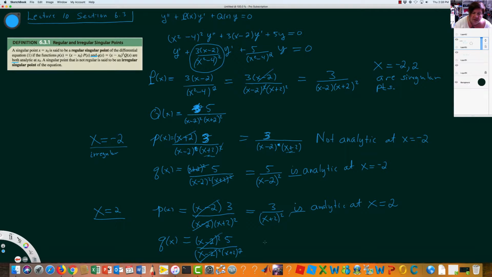These cancel here, and we're looking good, right? 5 over x plus 2 squared, and notice if I put positive 2 in here, this is perfectly fine. So this is analytic at x equal 2. So this is a regular singularity.